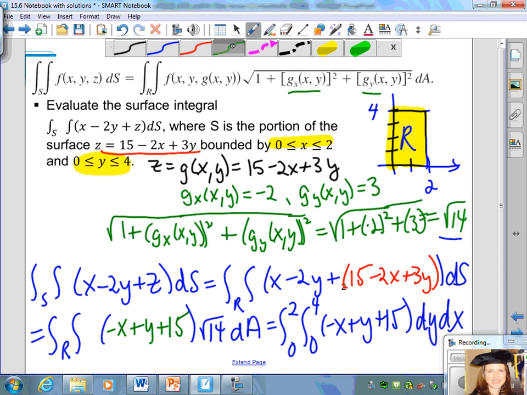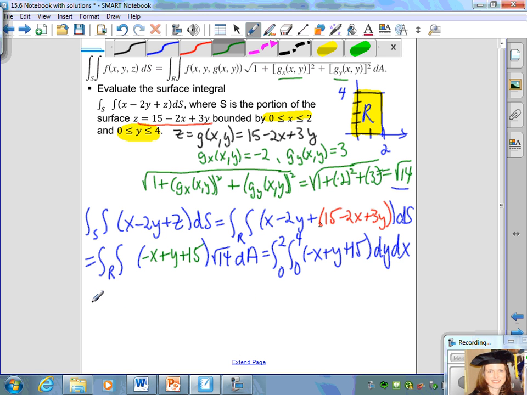We can evaluate this double integral by evaluating the inside, treating y as a variable and x as a constant. Oh, I forgot to put that square root of 14 in there. We can bring that square root of 14 out in front of the integral from 0 to 2.